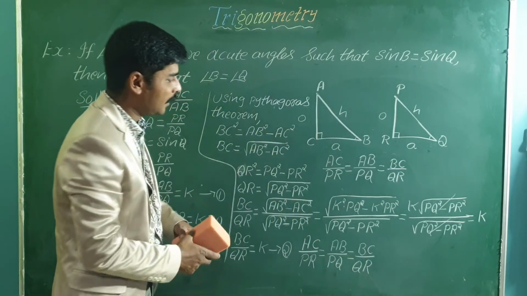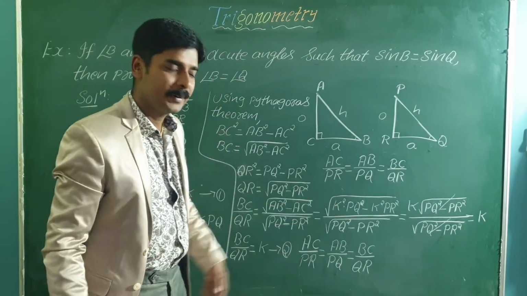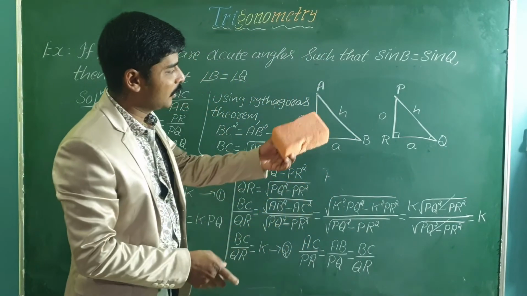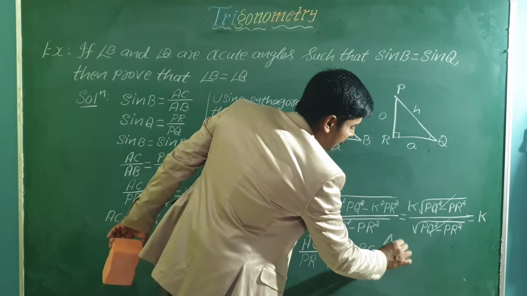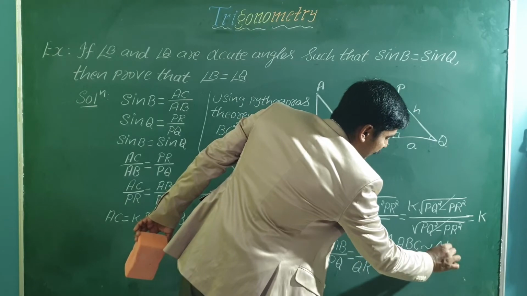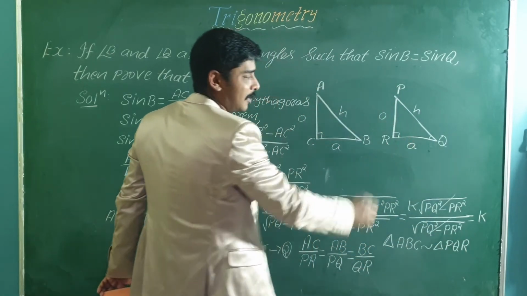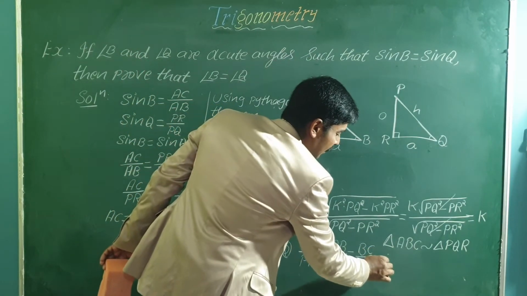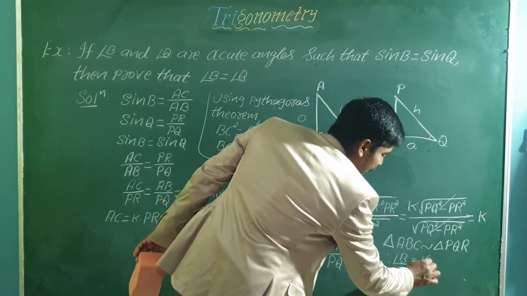See, we have proved that the ratio of their corresponding sides are equal. Since the ratio of their corresponding sides are equal, what can you say about these two triangles? Triangle ABC is similar to triangle PQR. Since these two triangles are similar, the corresponding angles are equal. Therefore, angle B is equal to angle Q.